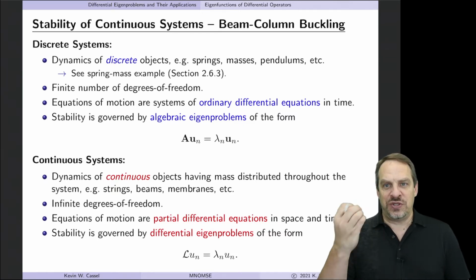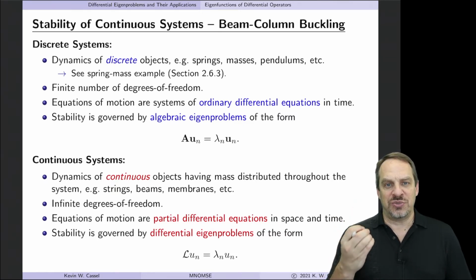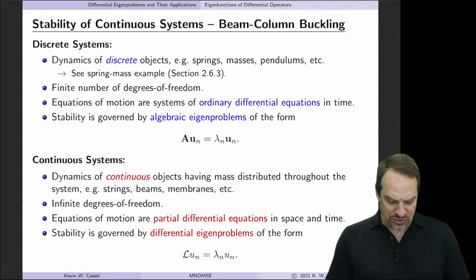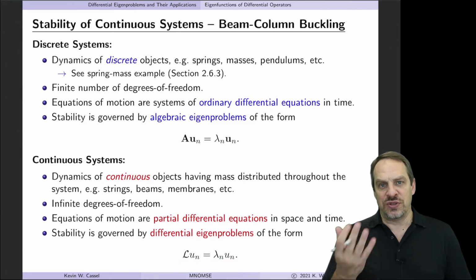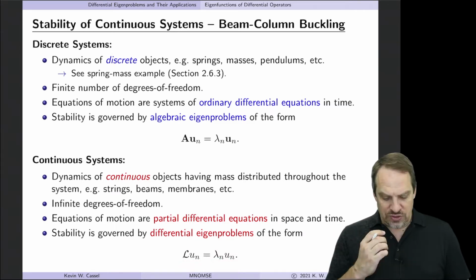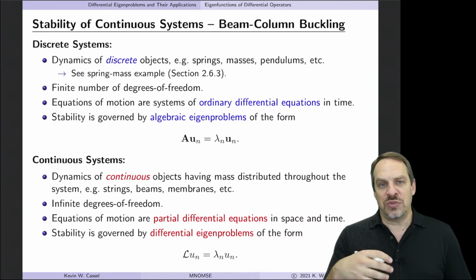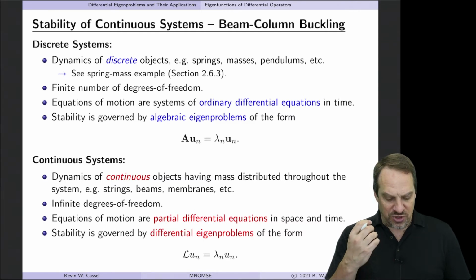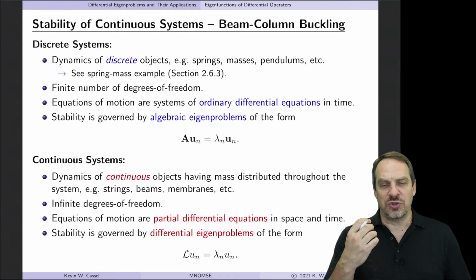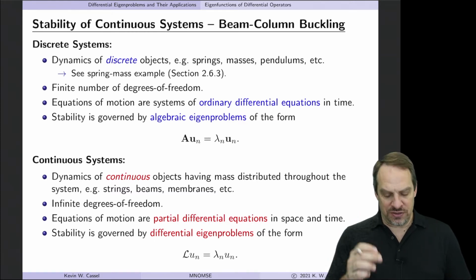And when you ask the physical question, is that continuous system stable, the mathematical answer comes in the form of a differential eigenproblem, such as LU is lambda U, which of course is the subject of this chapter. So we're going to look here at a continuous system, a beam or a column, and we're going to look at its stability, more specifically its buckling stability.